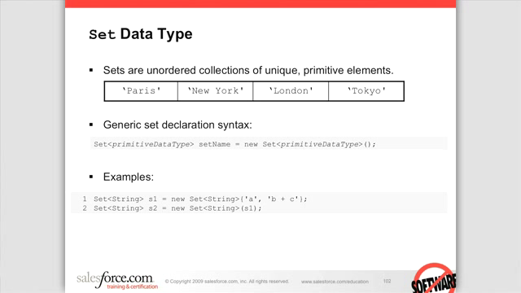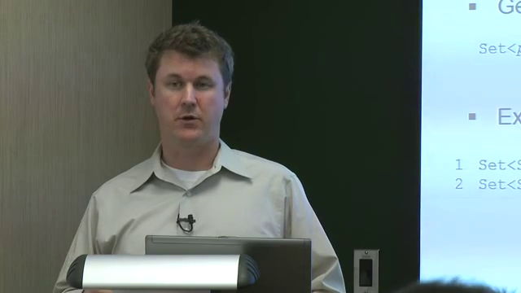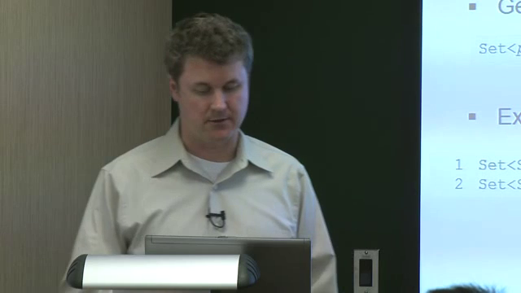A set is unordered, unique primitives. We instantiate a set very similarly to a list. What we do is we say Set whatever equals a new set. This is another place where we take array notation when we initialize the members of that set. We can use the curly braces to identify those initial elements.